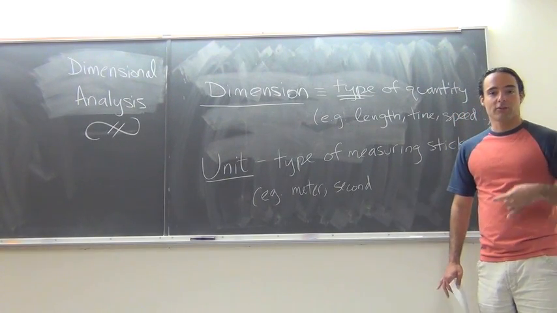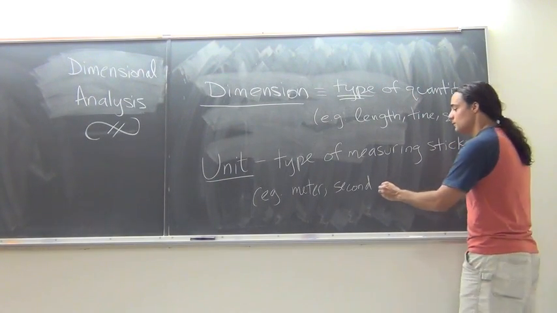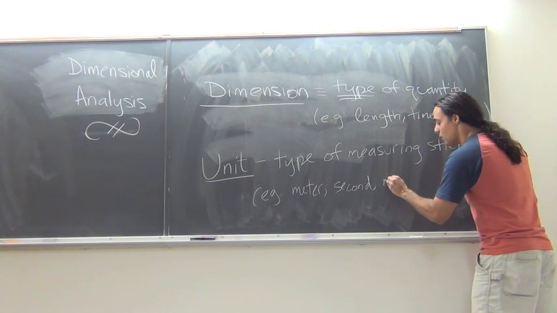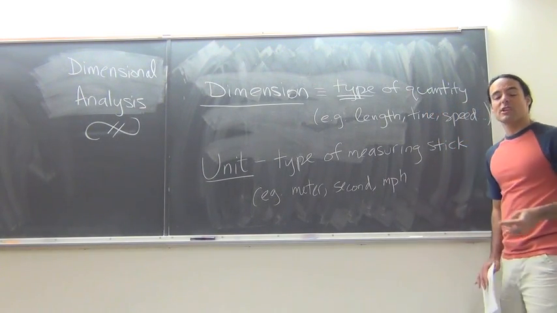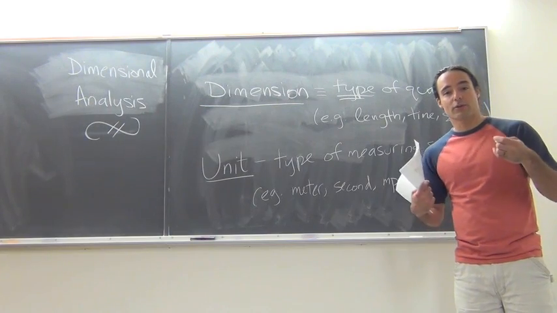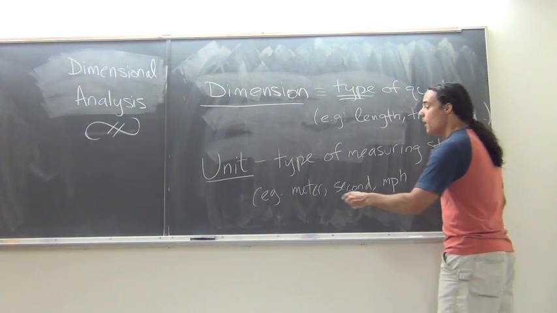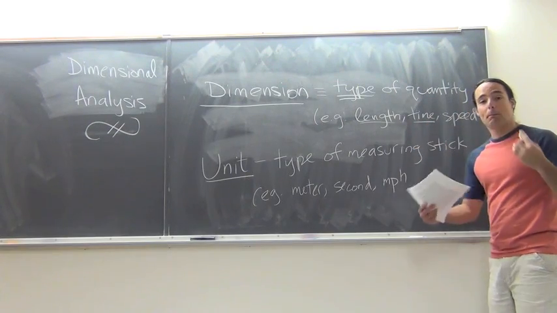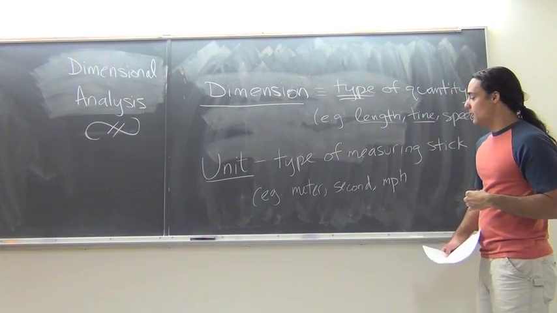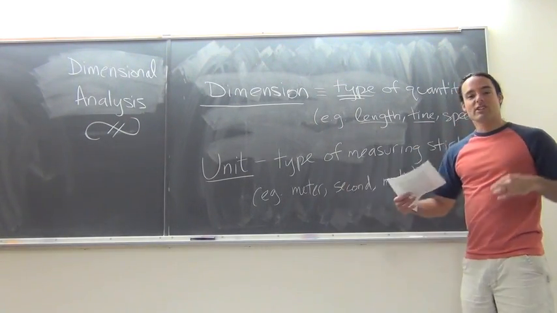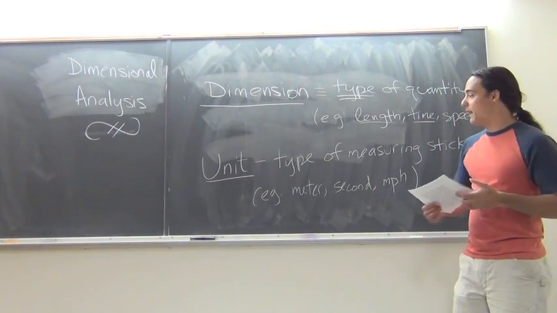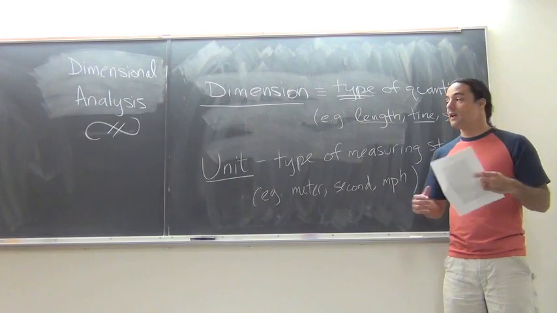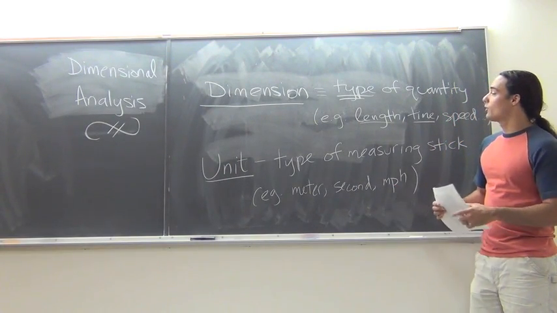We could measure it in minutes, hours, centuries. We could measure velocity in miles per hour. We could measure it in meters per second. We could measure it in a bunch of different ways. But for every physical quantity that we have, there's a bunch of different ways that we can measure it. The unit just tells me what unit I am using to measure it.